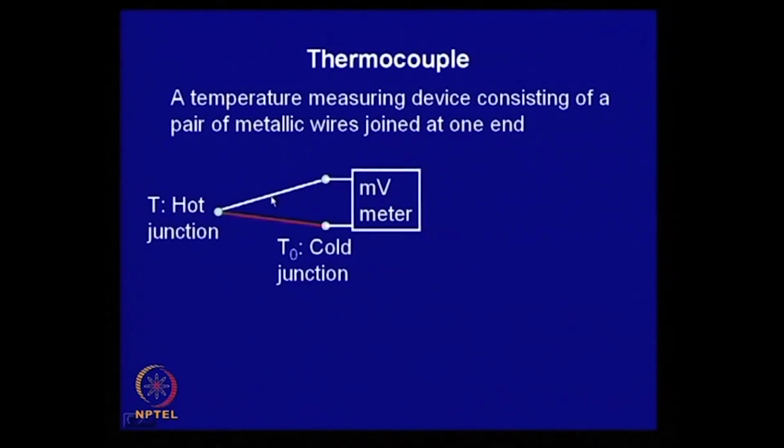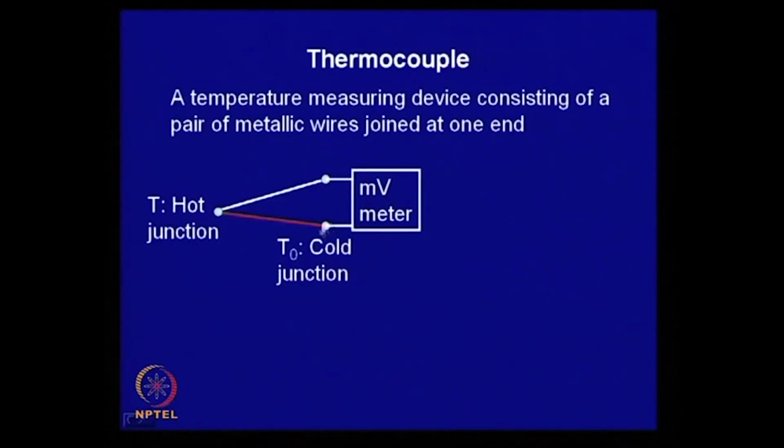This is metal A, let us say this is metal B, and they are joined over here. If you heat this point, if you keep it in a furnace at a temperature T, we call this the hot junction, and then we take the output from this end, which is maintained at room temperature, or we call it the cold junction, and we connect it to a millivoltmeter.